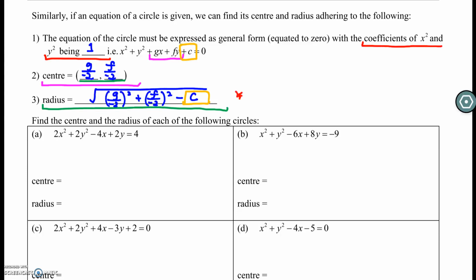Do take note that c is included in the square root.